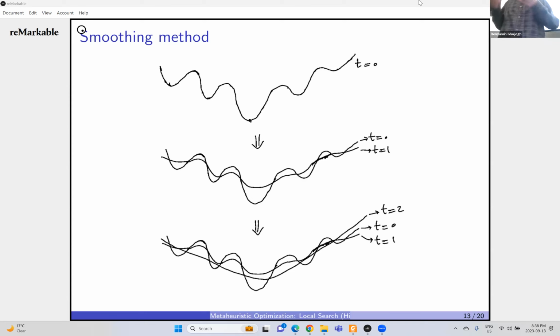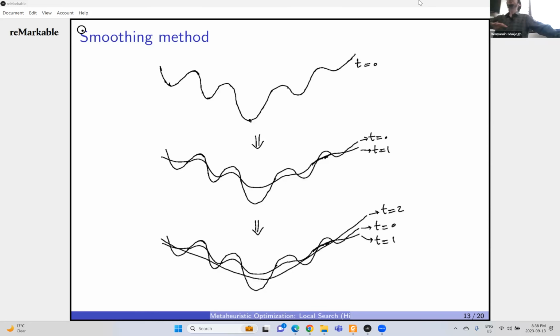Let the valleys be less valley, let the peaks be less peaky. So the valley goes up a bit, the peaks go down a bit. So it becomes smoother. Again, we can smooth it further and further. When we do that, you'll see that the local bests or local minimums are disappearing gradually. And we'll end up with only the global best. Do you understand? Interesting.